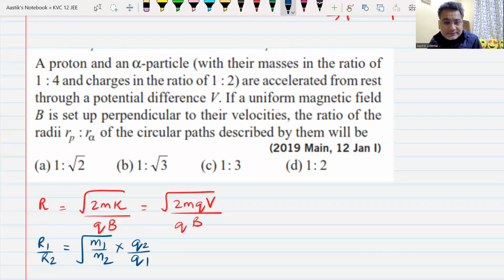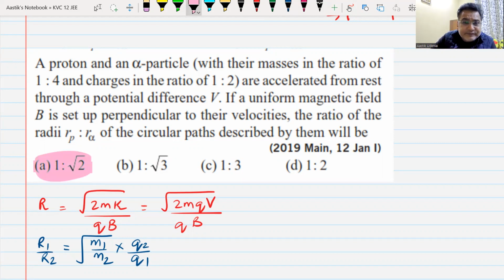Do we understand this? When you put the values, radius of proton divided by radius of the alpha particle, you are going to get answer A, 1 is to root 2. Do we understand this? Yes or no?